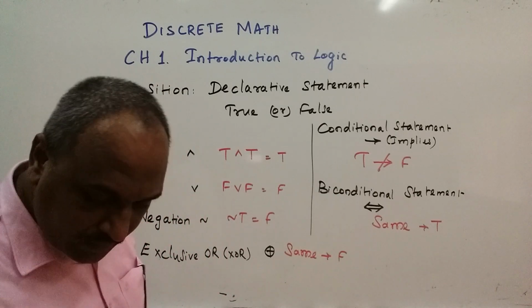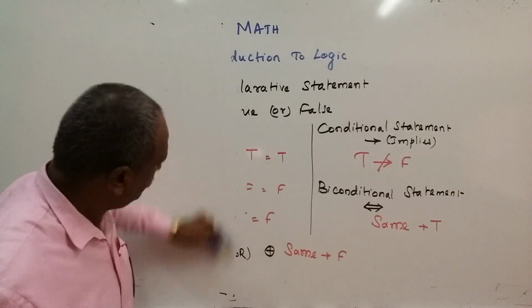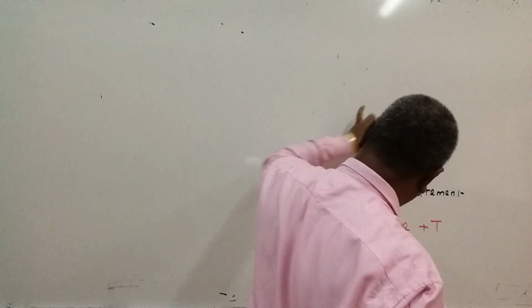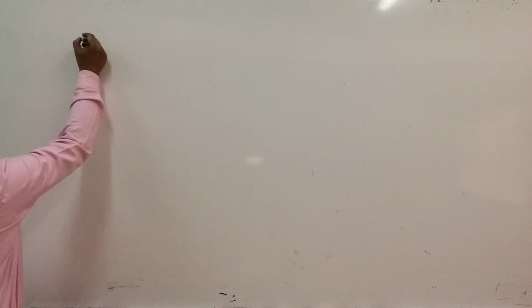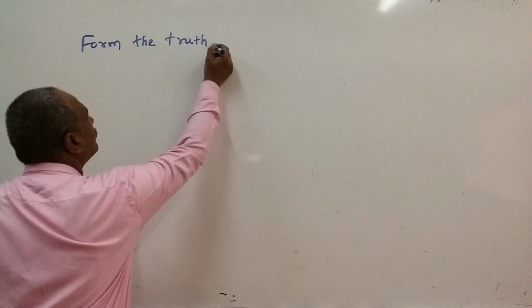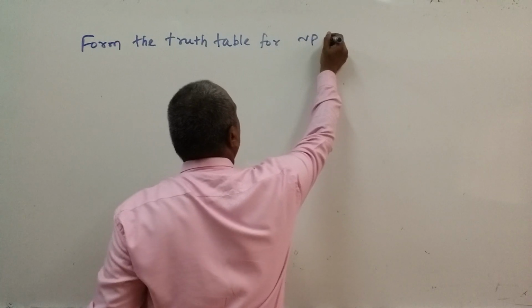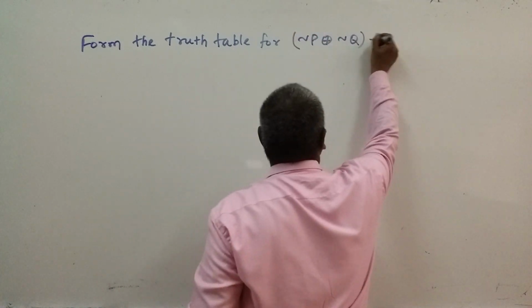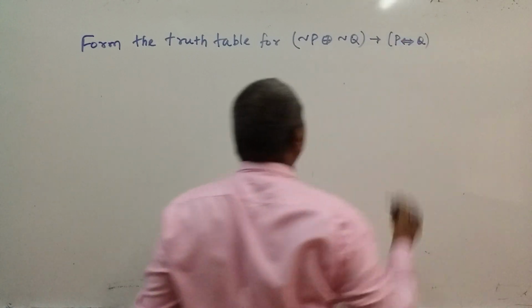Let me make an example now. Form the truth table for negation P exclusive OR negation Q implies P double implies Q. This is an example.